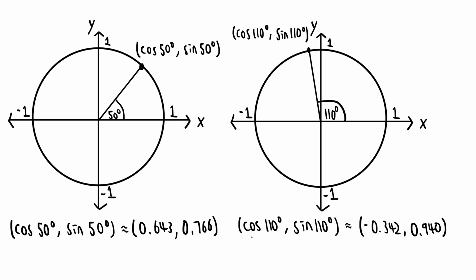And the point (cosine of 110 degrees, sine of 110 degrees) is approximately the point (-0.342, 0.940). Like I said before, these values are hard to calculate by hand, and we usually need a computer or a calculator to help do these calculations for us.